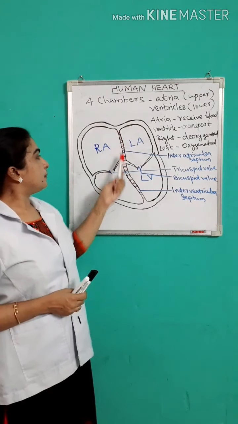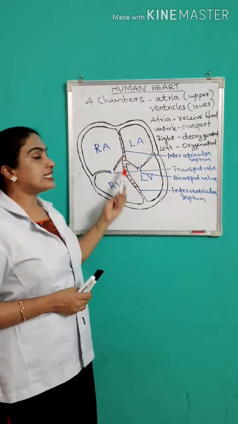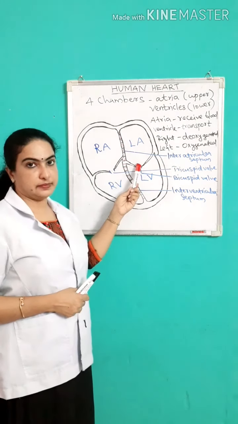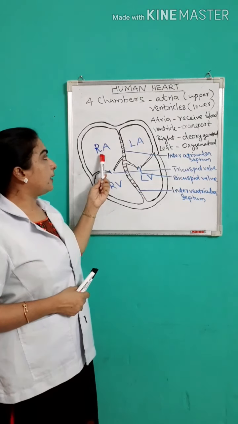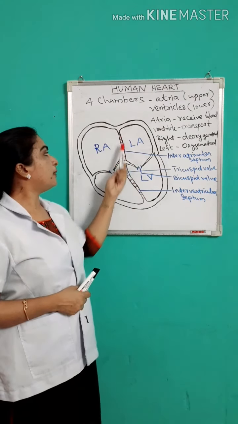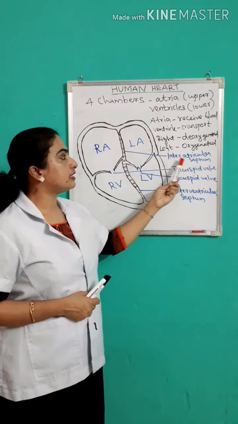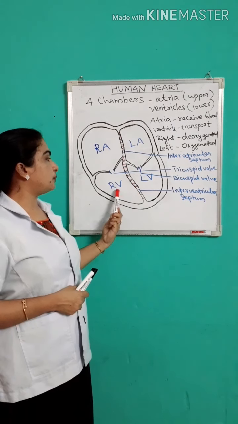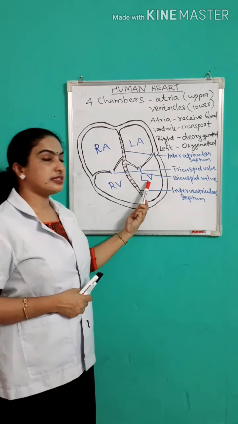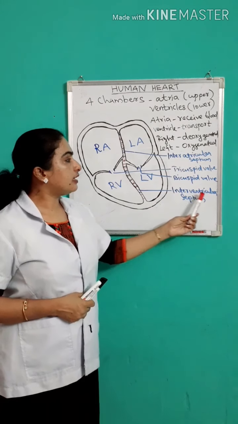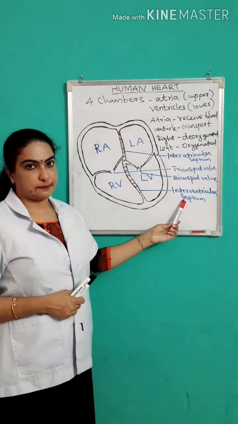And there is a partition or septum which separates the right and left chambers. The right atrium is separated from the left atrium by the interatrial septum, and the right ventricle and left ventricle are separated by the interventricular septum.